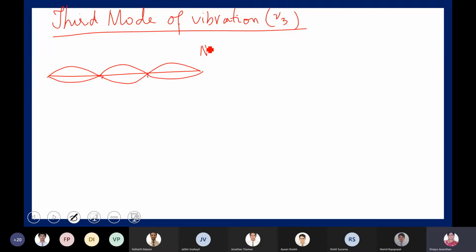So a node, and a node. What is the distance between these two? I can go for lambda 3.